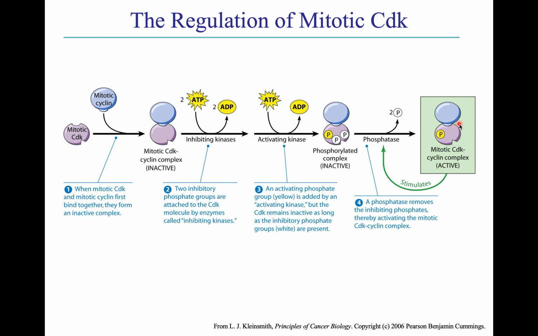So kind of an interesting little dance going on there, where we add some phosphates, remove some phosphates to get full activation. You might ask, well, why is it doing that? And I think it's just giving the cell another extra level of control, where it can have that cyclin CDK complex produced and ready to go, but not fully active. And then all we have to do is come in and snip off those two phosphates, and it can be ready basically at a moment's notice.